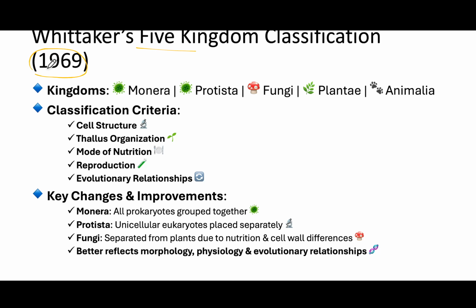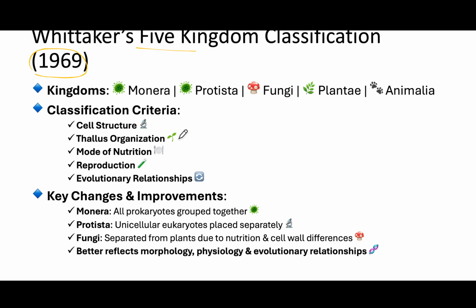In 1969, R.H. Whittaker gave the 5 kingdom classification system. But this classification system is based on what? How he classified organisms.